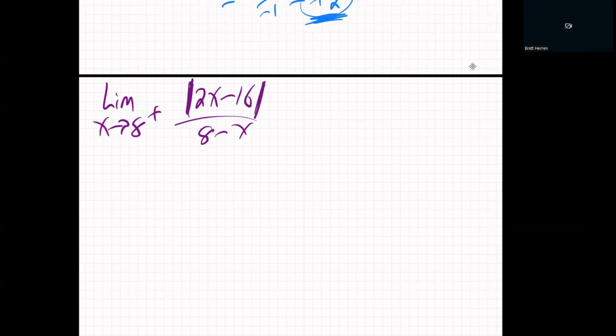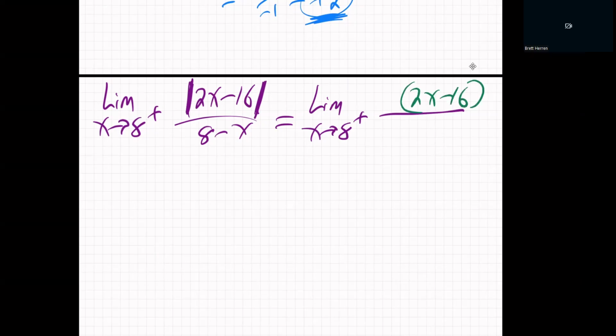Again, what's our first order of business? Get rid of those absolute value signs. So, I'm going to put parentheses around 2x minus 16 and either put a plus or a minus in the front.